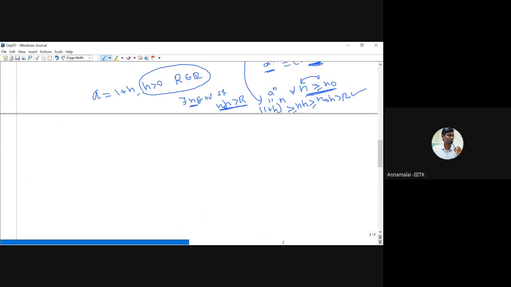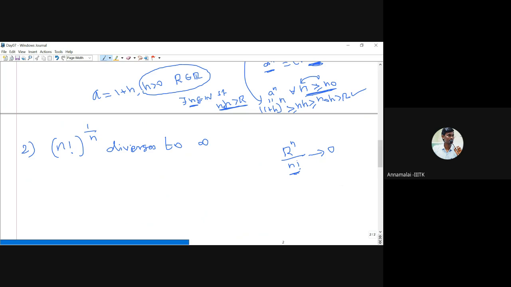Now, the second example, if you take n factorial power 1 by n. So this diverges to plus infinity. Since we are going to use the result, already I said that r power n, or a power n by n factorial, converges to 0, because n factorial converges faster than the power.